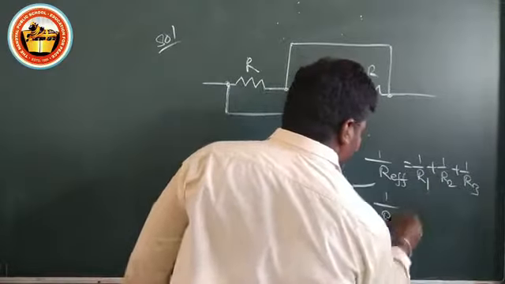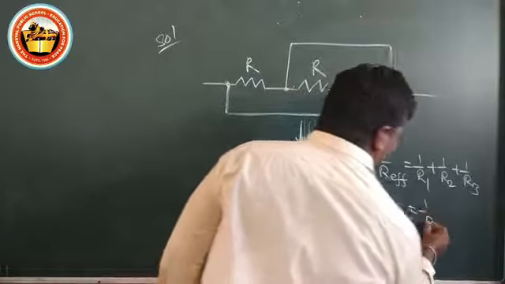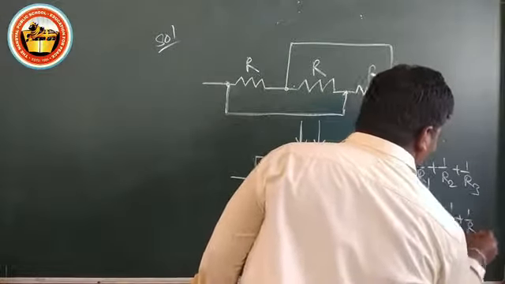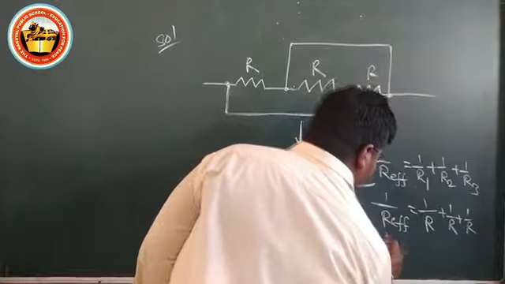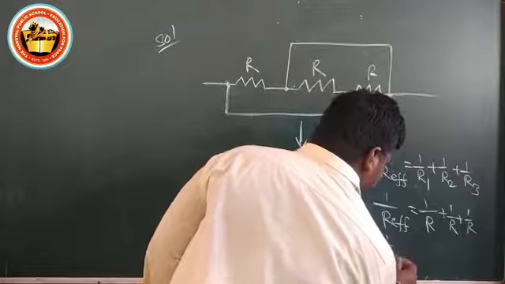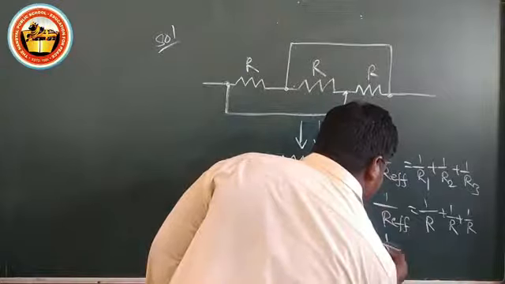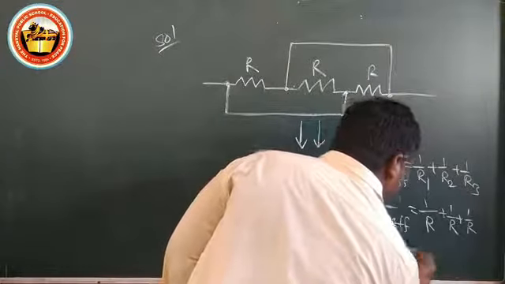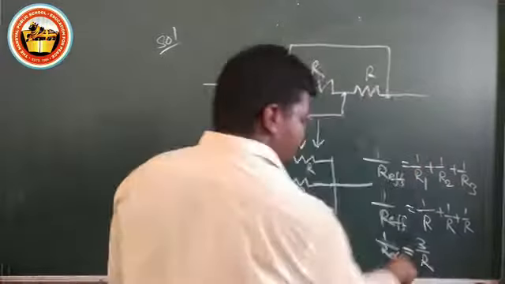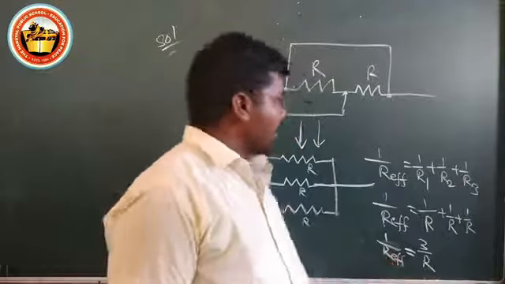So 1 by R effective is equal to 1 by R plus 1 by R plus 1 by R, which is 3 by R. We need to find R effective, not 1 by R effective.